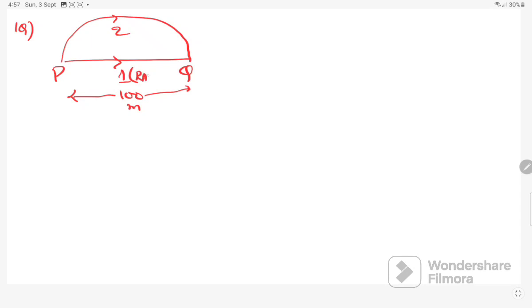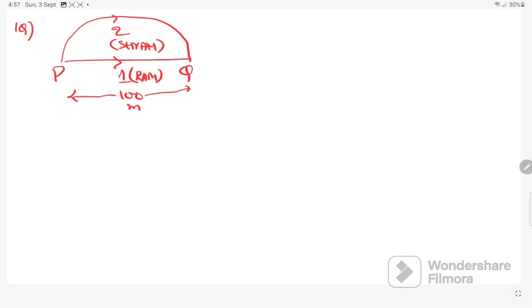P to Q like this is path 1, and P to Q like this is path 2. And from here to here the distance is 100 meter. Now here they are saying that Ram is taking path 1 to go from P to Q, and Sham is taking path 2.